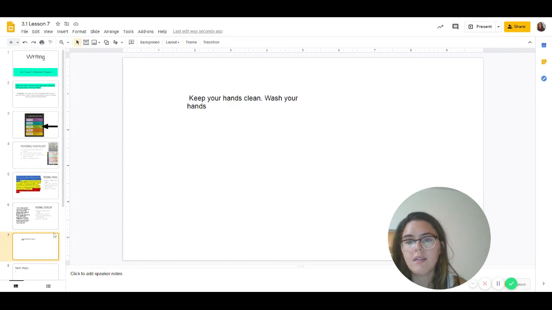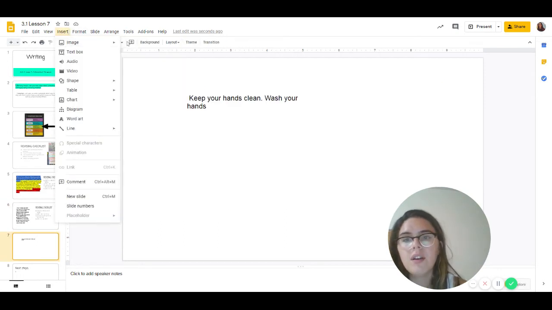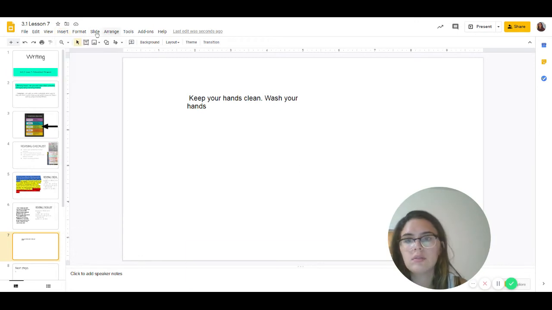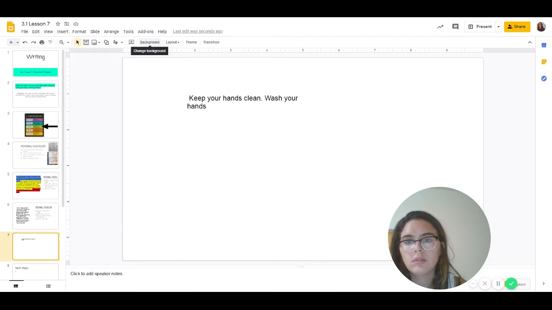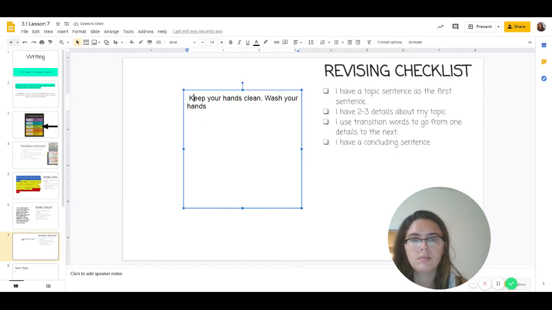So this is an example of another paragraph. Right away, I noticed this does not look like a paragraph.